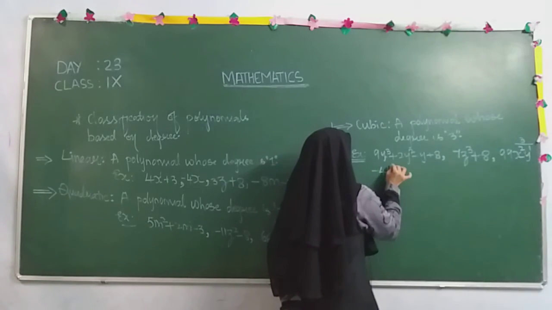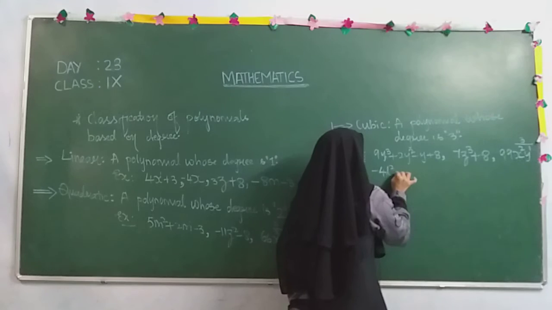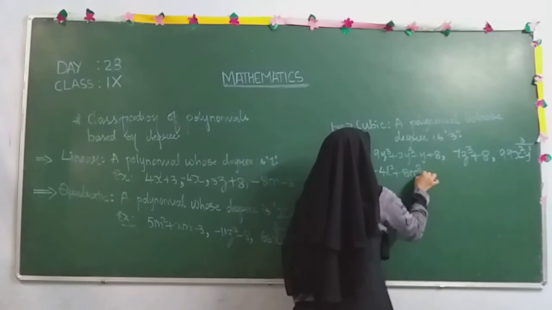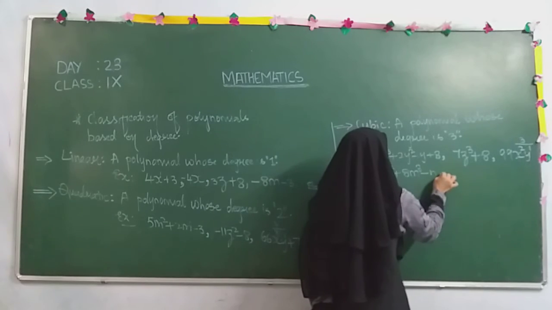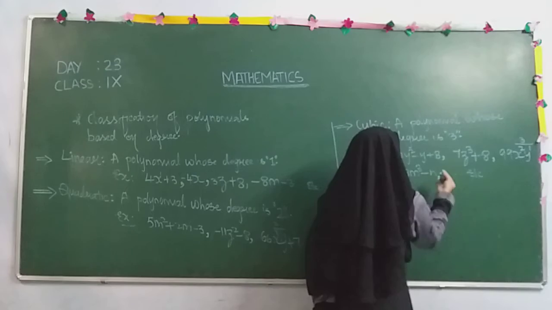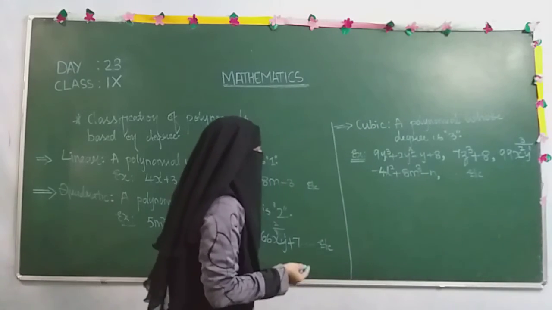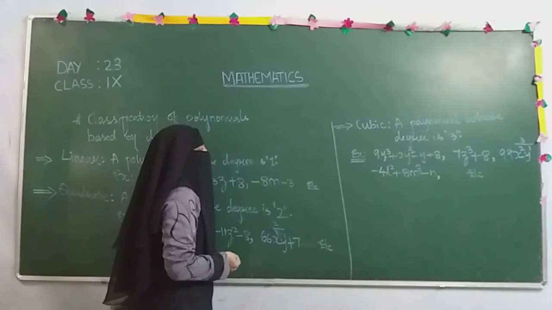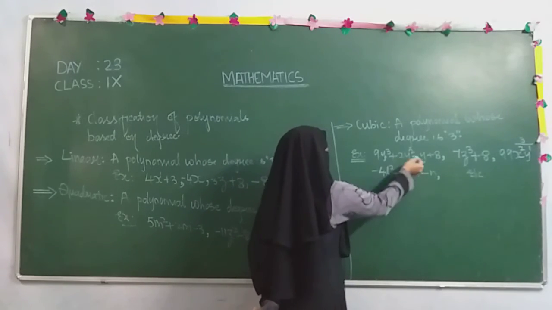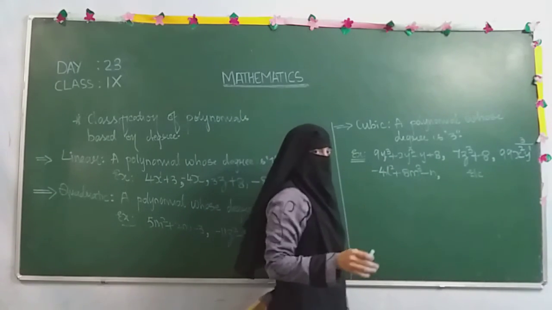Minus 4 L square plus 8 m cube minus n. Etc. So a few examples I have given for the cubic polynomial. Now they are not in order. When you are observing here, they are in decreasing order.